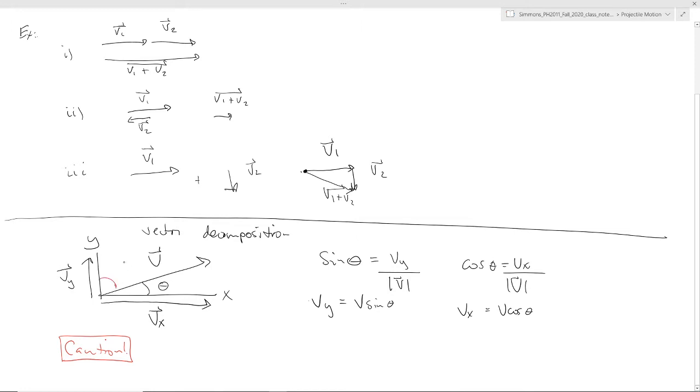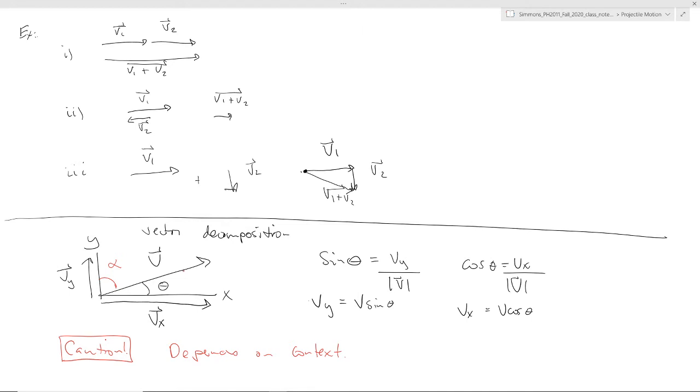If you get some question where theta, or let's call it alpha, say, is up here, when you go to break this into x and y components, your trig functions would be reversed, and that could lead you astray if you just rely on memorizing x is associated with cosine, y associated with sine, etc. So I'm just going to put here, depends on the context, and encourage you to always draw a picture to help you straighten out which angle is which.